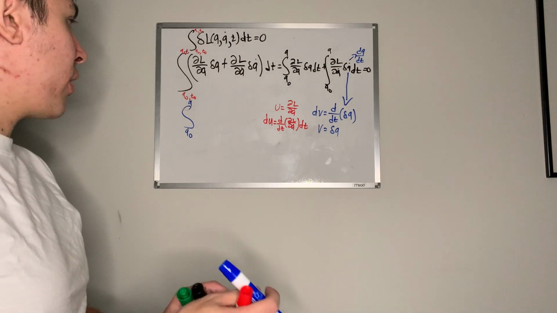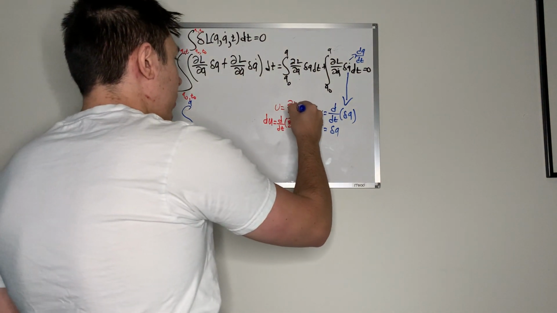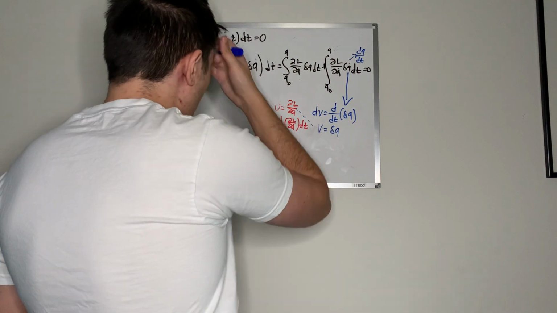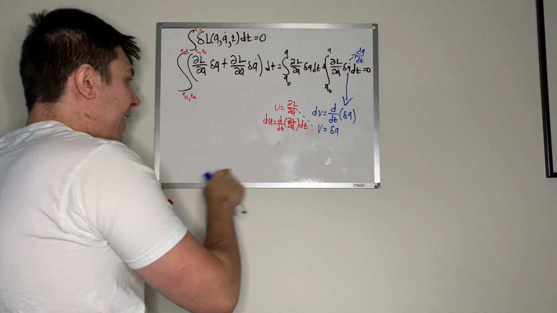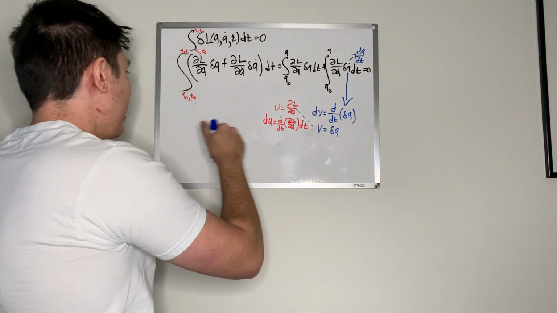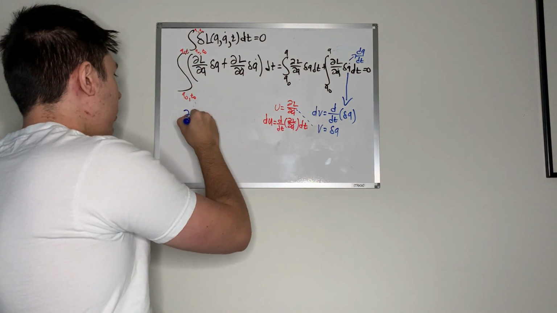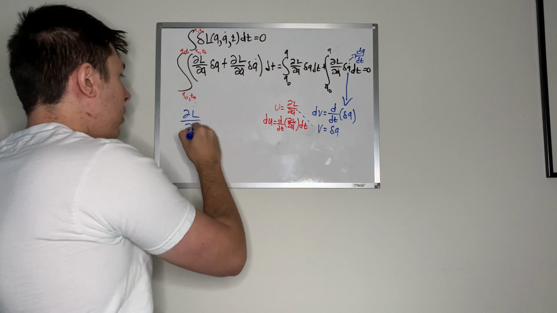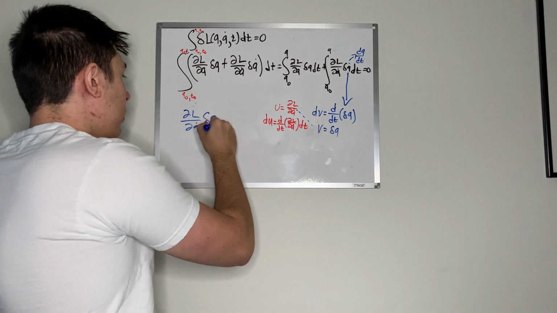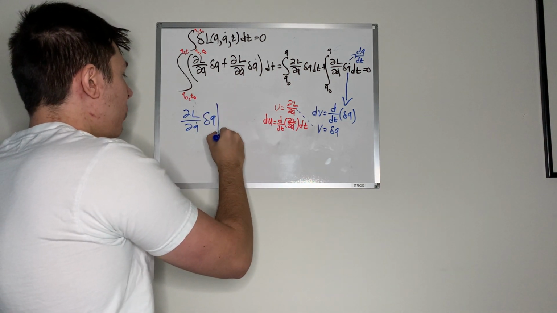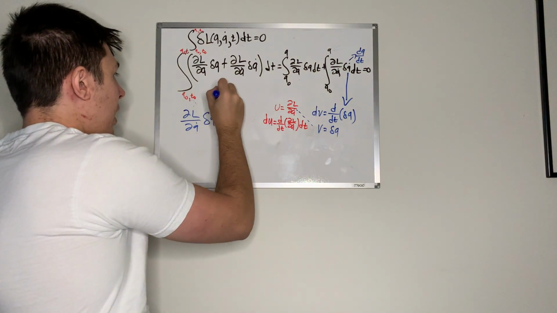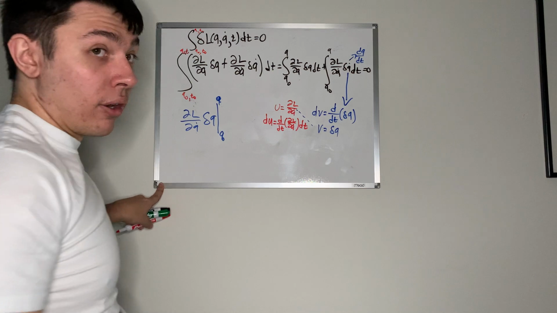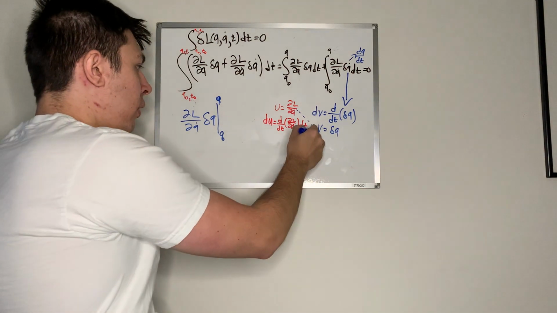So now our integral is going to be uv. Actually, technically, I wrote that bit too early. So technically, our integral is going to be this uv, which is going to be partial L, partial q dot, delta q, from our initial position to our final position, which is going to come in handy when we get there in a second, minus the integral of v du.